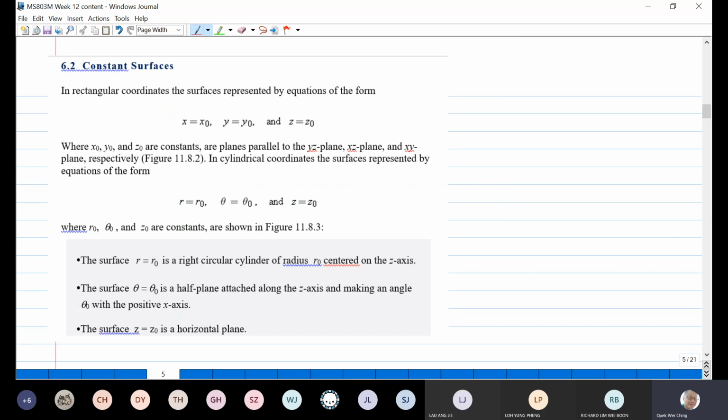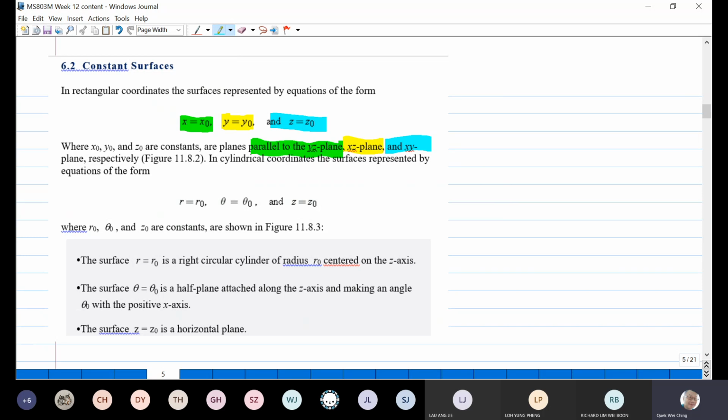Okay, y equals y0 is parallel to the xz plane, and then z equals z0 is parallel to the xy plane.